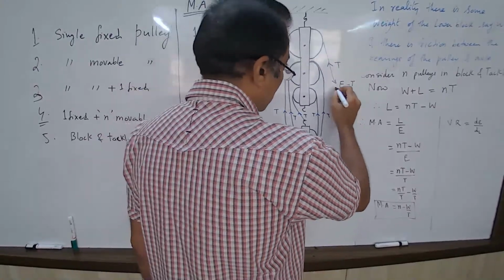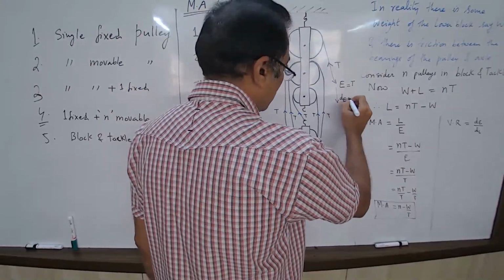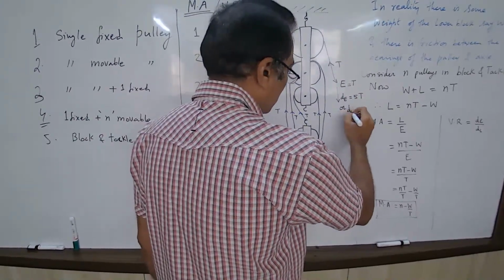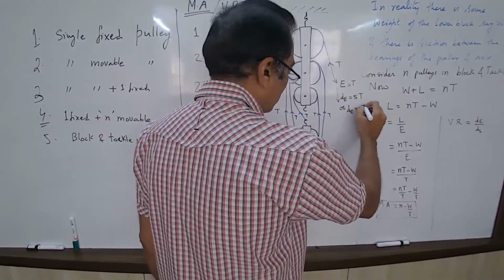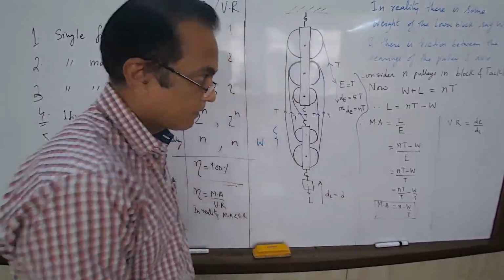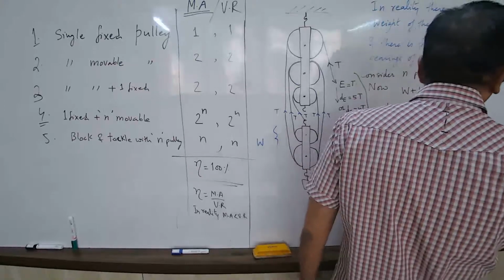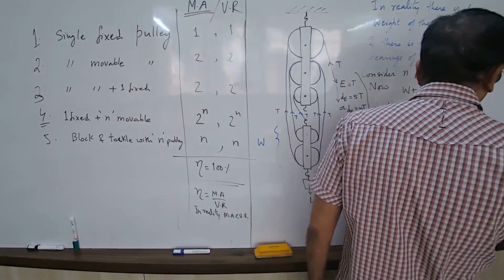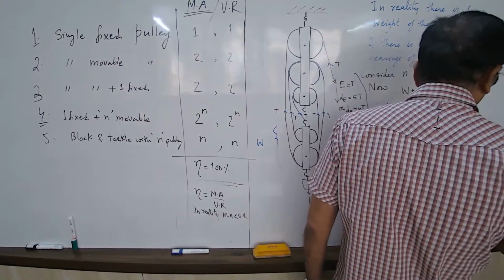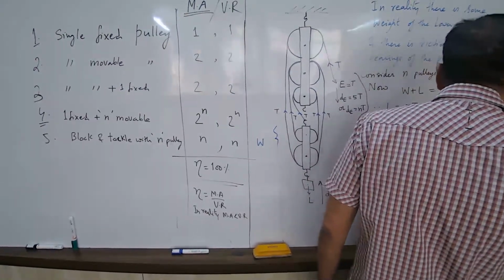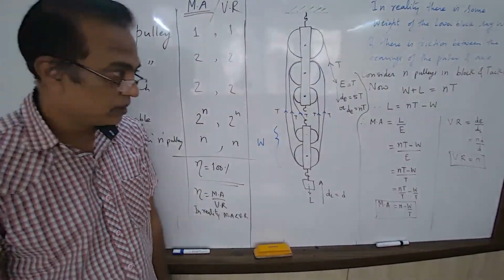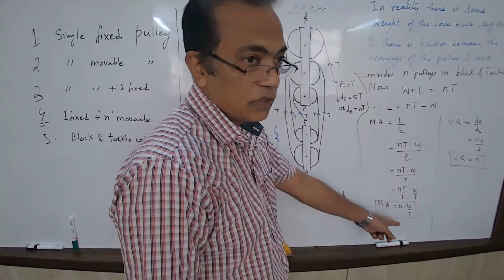So DE is always equal to 5D, or DE is equal to ND in case of N pulleys. Okay, so VR is DE by DL, which is ND by D. So VR is always equal to N. So velocity ratio is independent of the weight of the lower block, right? But mechanical advantage is not.